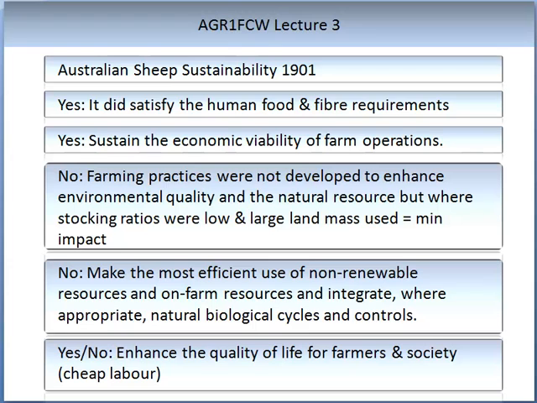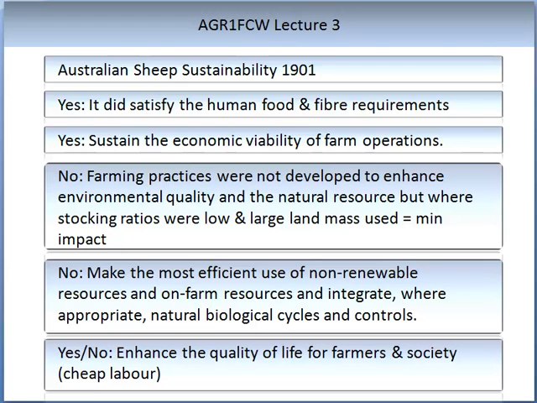In part, the industry was not sustainable, as farming practices were not developed to enhance the environmental quality and the natural resources. But where stocking rates were low and a large land mass was used, you can argue that there was a minimal impact, although you do have to factor in the selective grazing by sheep and other cattle, and they may impose imbalance in some local plant communities.